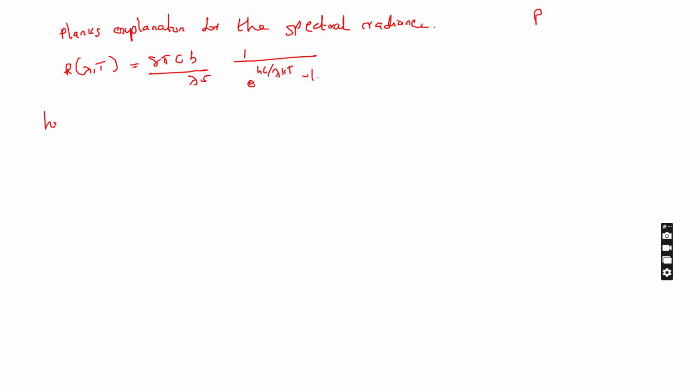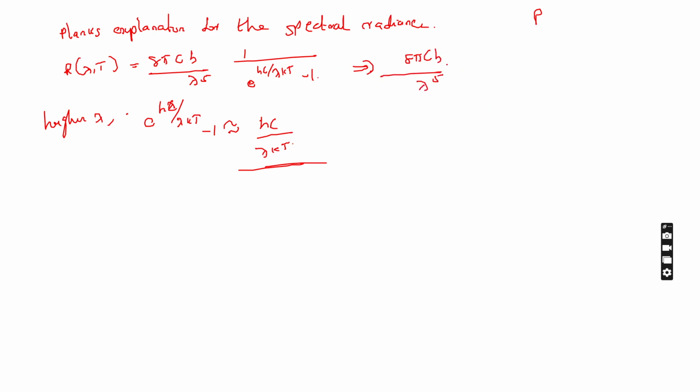For higher lambda values we can make an approximation that e to the power hc by lambda kT minus 1 is nearly equal to hc by lambda kT. Then R of lambda T becomes 8 pi hc divided by lambda power 5 times lambda kT by hc. So the energy of these oscillations is condensed, and h nu is the quantum of light.